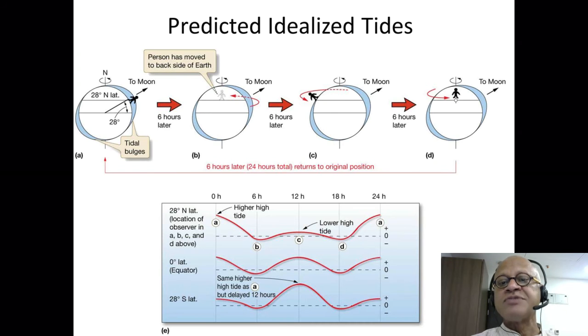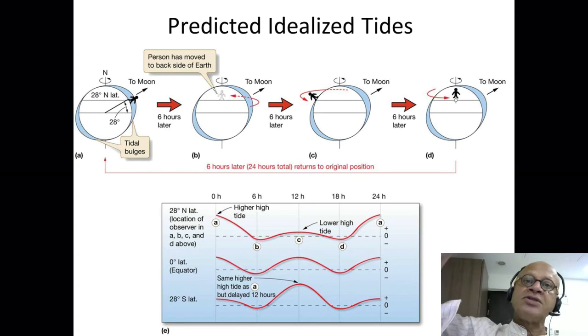So Gulab Singh is here at the lower high tide, and the equator is here, which has higher levels of tide than where Gulab Singh is. Okay, and you are back to here at A.